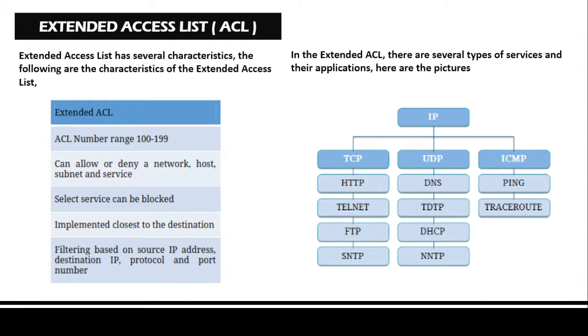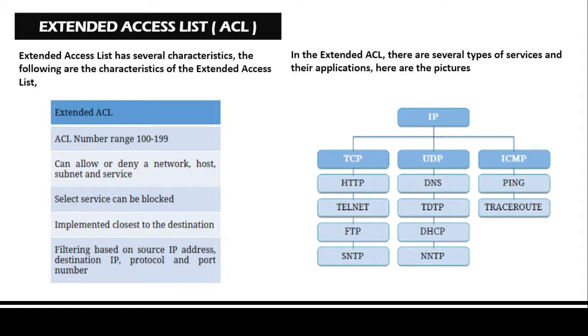Now please note that the extended access list has several characteristics. For the first, ACL number range 100 to 199. The second, it can allow or deny a network, host, subnet, and a service.